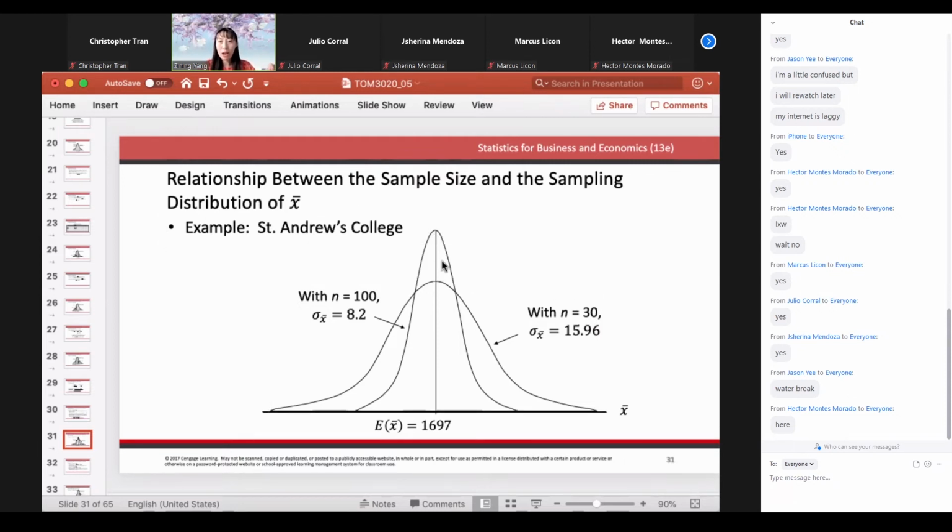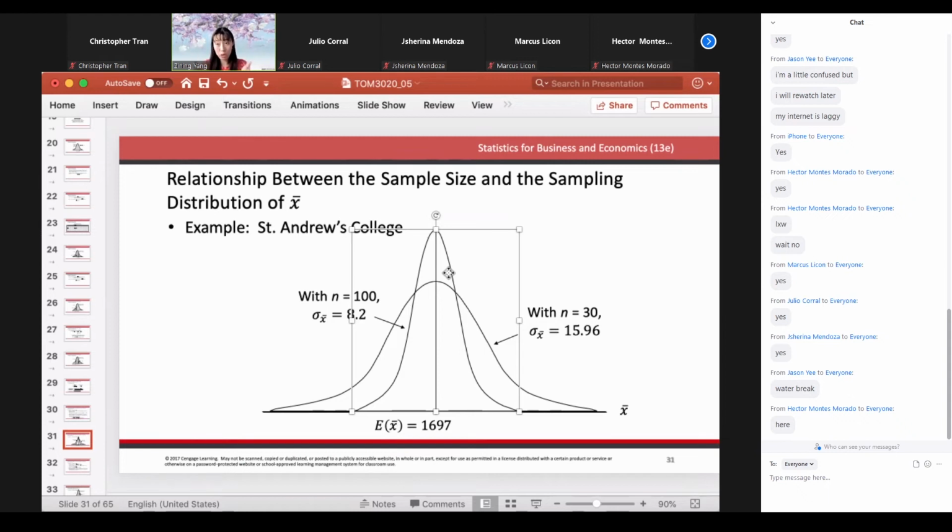But now after we increase the sample size to be 100 and put together the finite population correction factor, the standard error shrank from 15.96 to 8.2. So that's how much your sample mean deviates from the population mean. So now you see the very tall and narrow distribution.